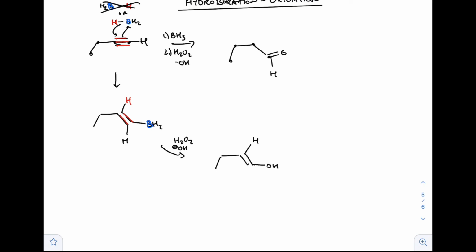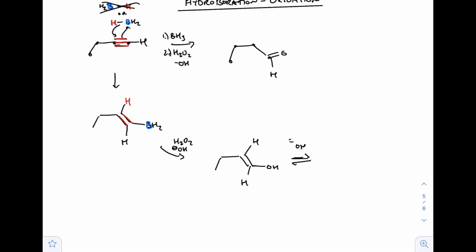And then after the oxidation process, we get an alcohol, and we just saw this is an enol, and enols can undergo the keto-enol tautomerization, and that results in a carbon-oxygen double bond being formed, and the carbon-carbon double bond is now a single bond.